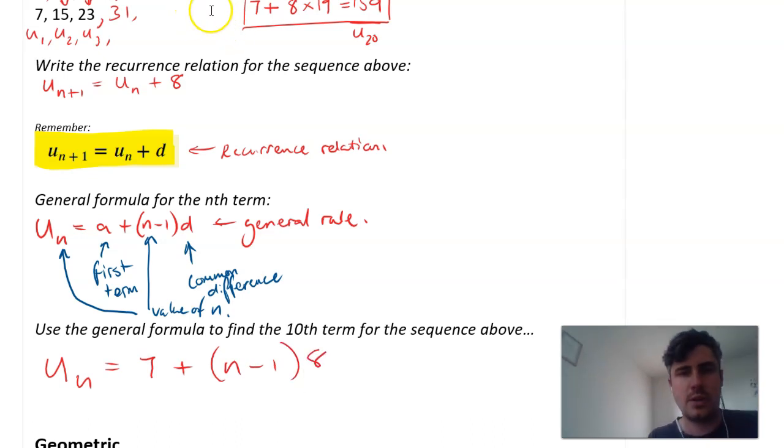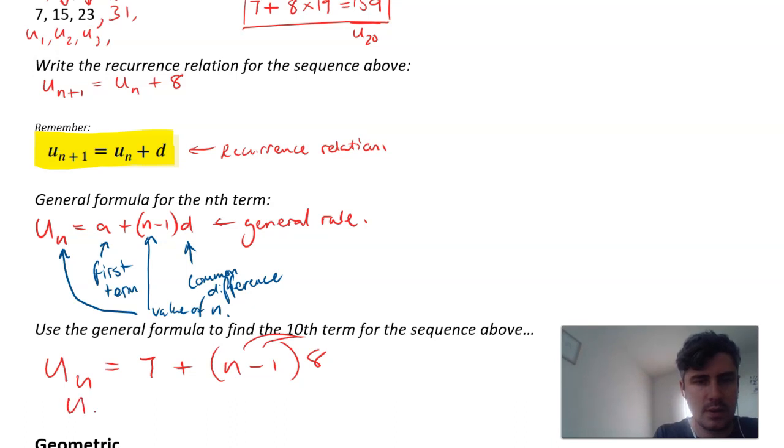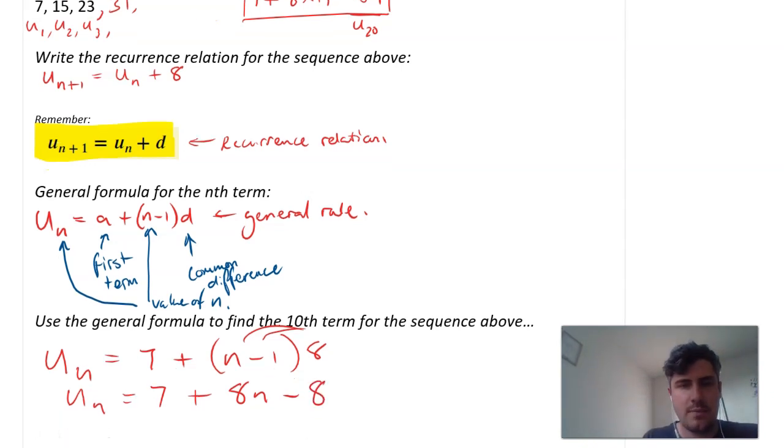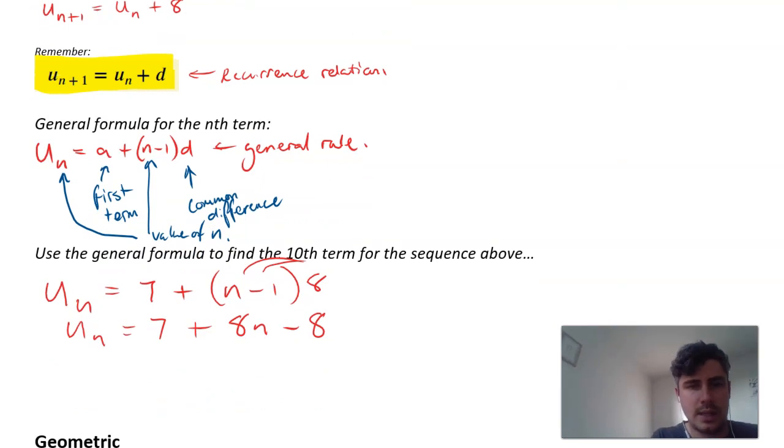And now I want to expand the brackets. So I've got un equals 7 plus 8n minus 8. And then finally, I'm going to collect the like terms. So un is equal to 7 minus 8 makes negative 1. So I'm going to write 8n minus 1.